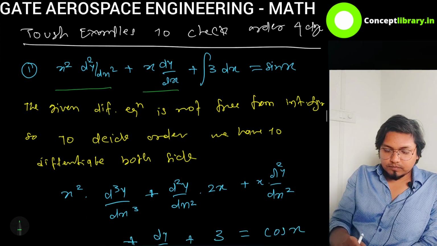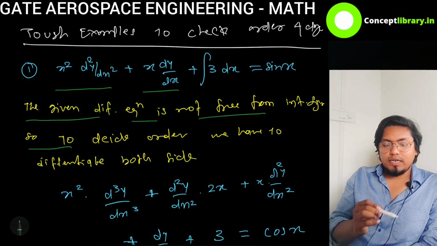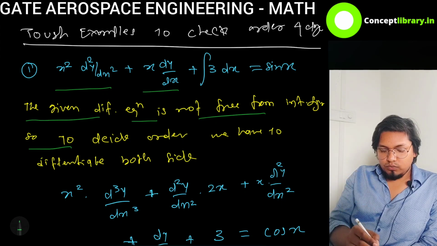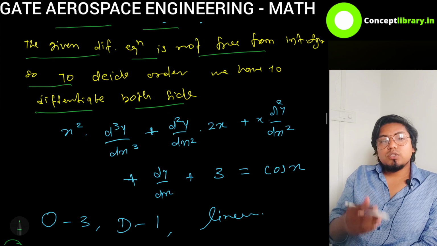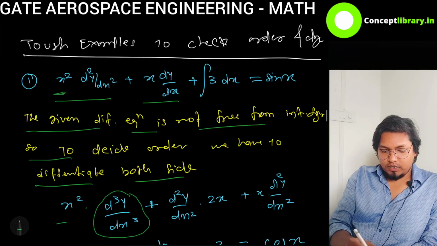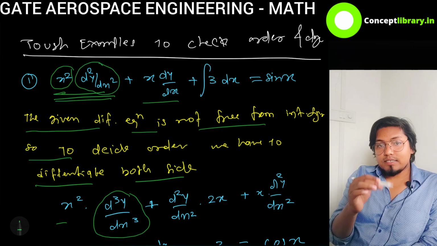So I have written here, the given differential equation is not free from the integration sign. So to decide order and degree, we need to differentiate both sides so that we can remove that integration sign. So x square d3y... see, how will you differentiate the first part? Consider x square as the first function and d2y by dx square as the second function.